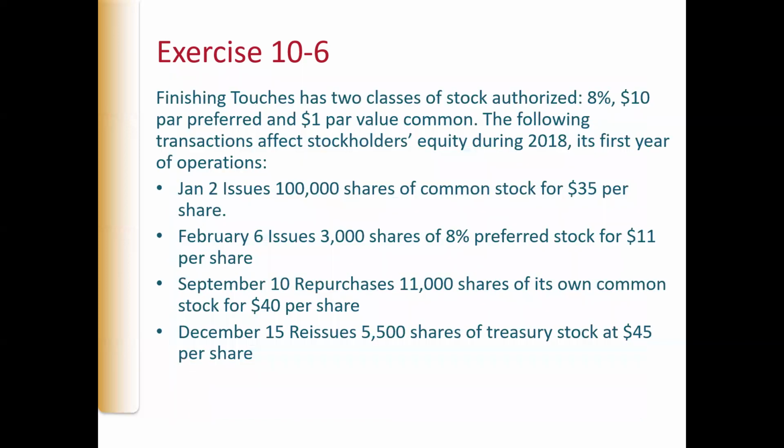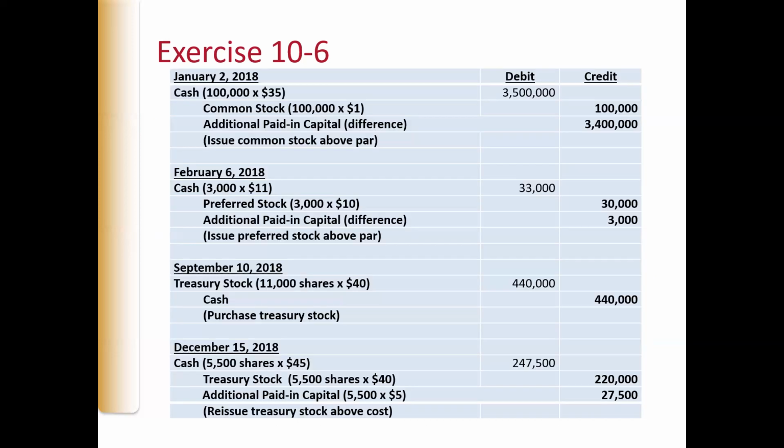Okay, the next one says February 6th issues 3,000 shares of 8% preferred stock for $11 per share. Here we're going to debit our cash, credit our preferred stock for just the par value, and then we credit additional paid in capital for the difference.